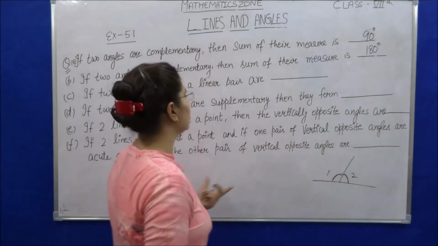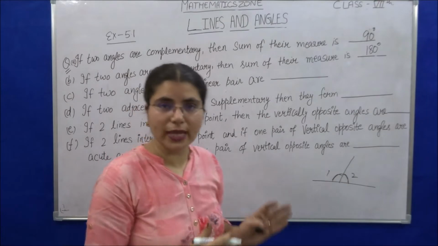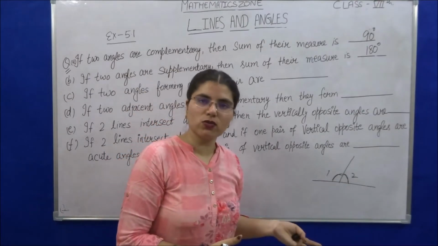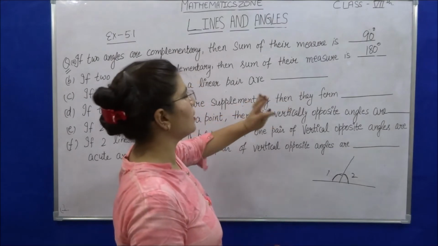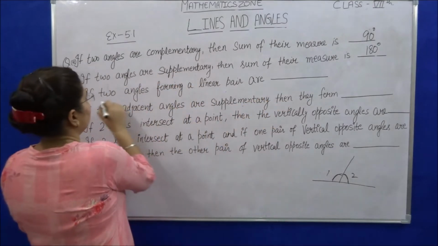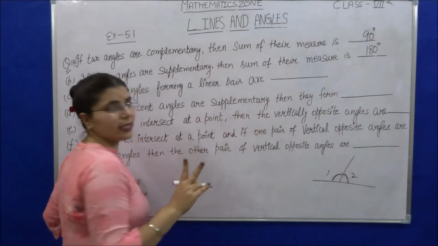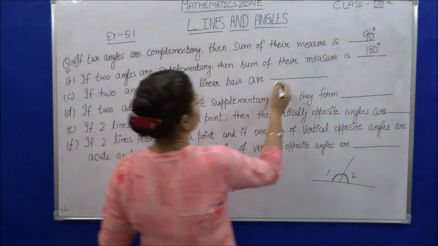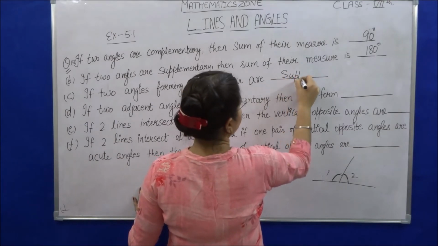According to the definition of supplementary angles, if two angles lie on the same line and their sum is 180 degrees, then they are called supplementary angles. So if two angles form a linear pair, they will be supplementary.